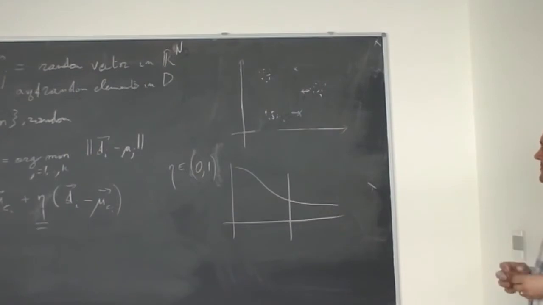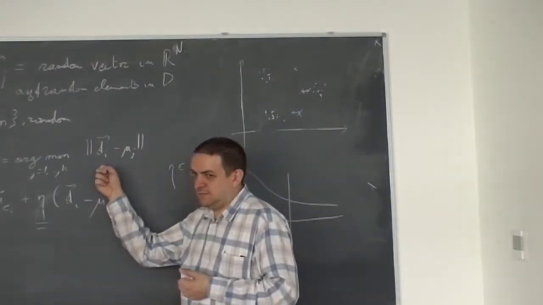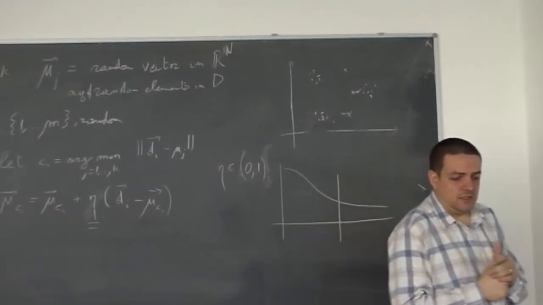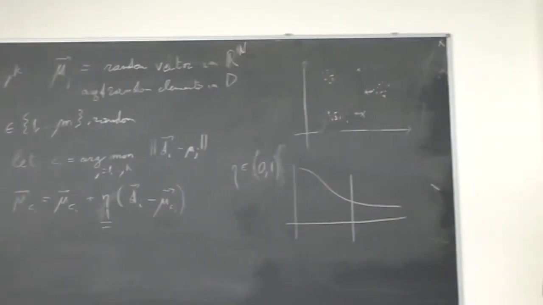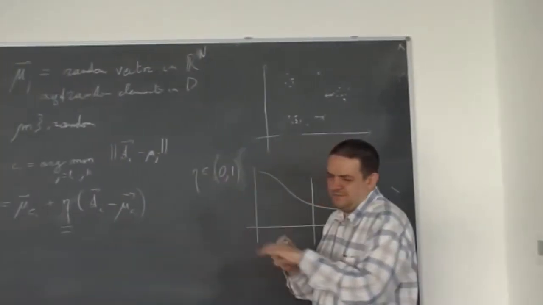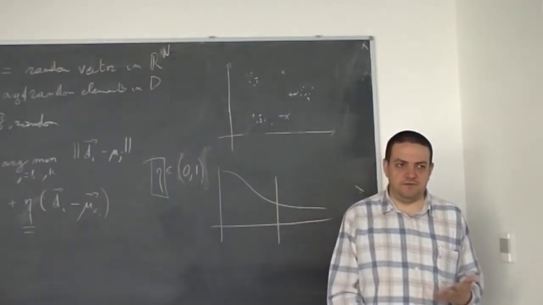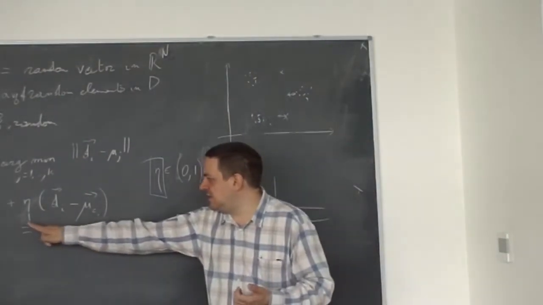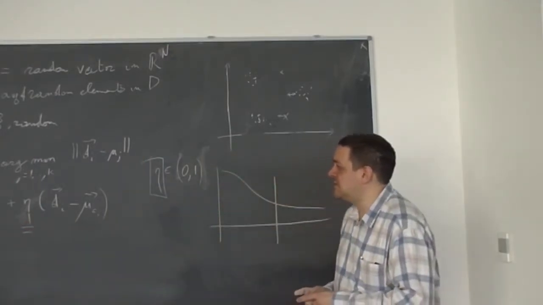Okay, so at the end, what is the main drawback of this algorithm? It's more difficult to say when to stop. The first drawback is that we have to carefully choose one value for eta, and maybe a schedule for decreasing it as the algorithm proceeds.